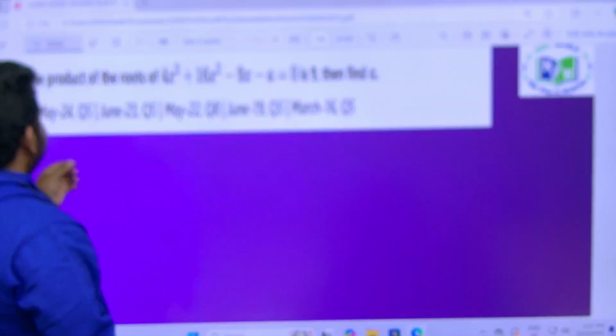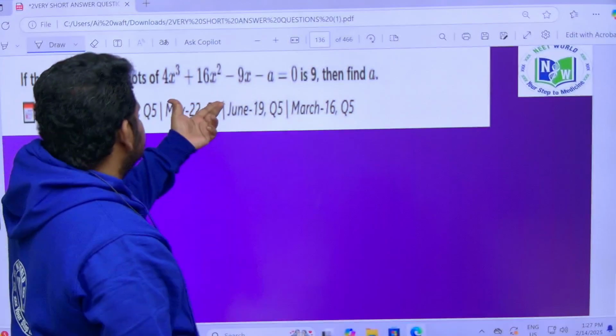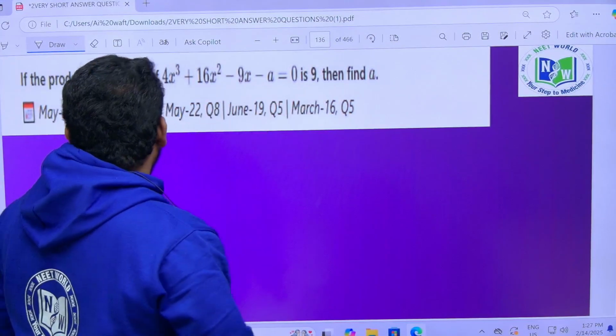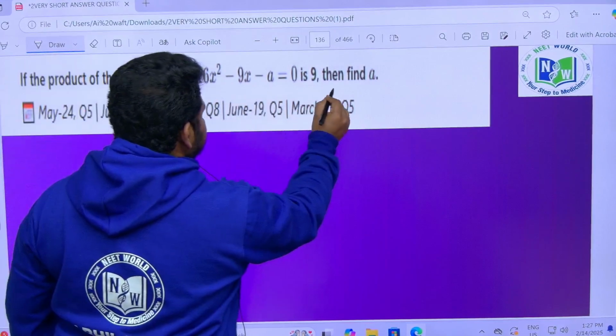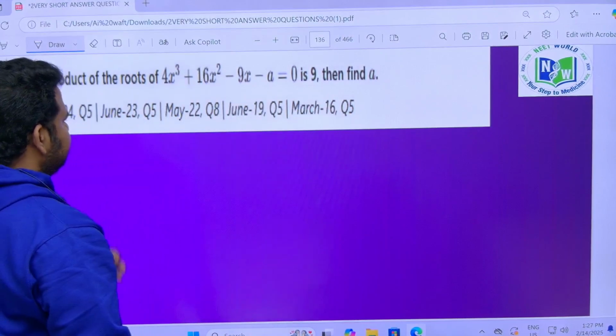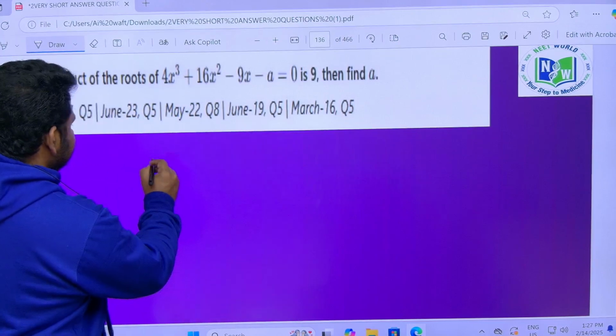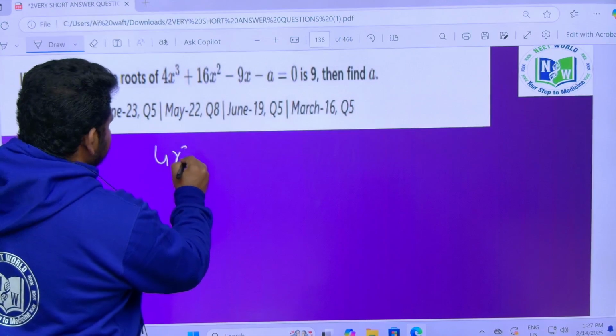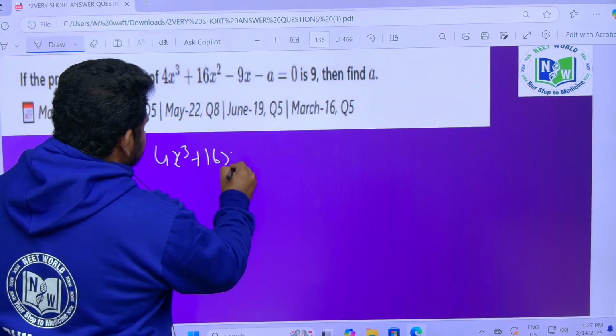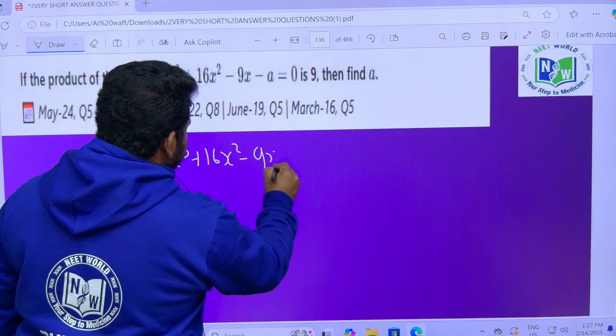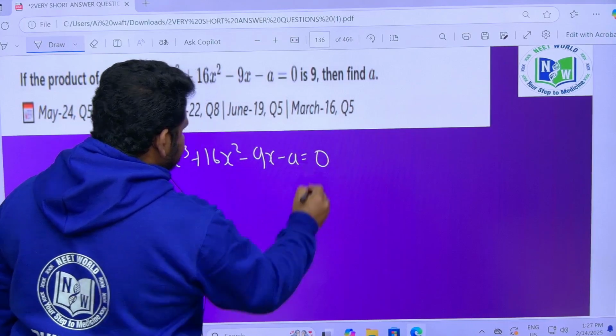Next, if the product of the roots of the equation is 9, then find a, they are telling. So they have given the equation as 4x cube plus 16x square minus 9x minus a is equal to 0.